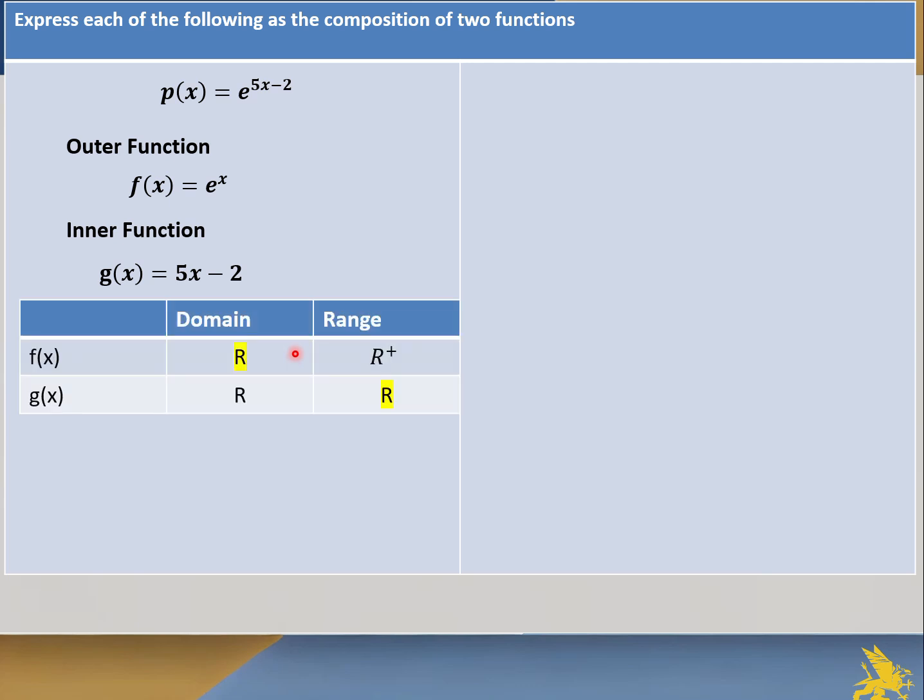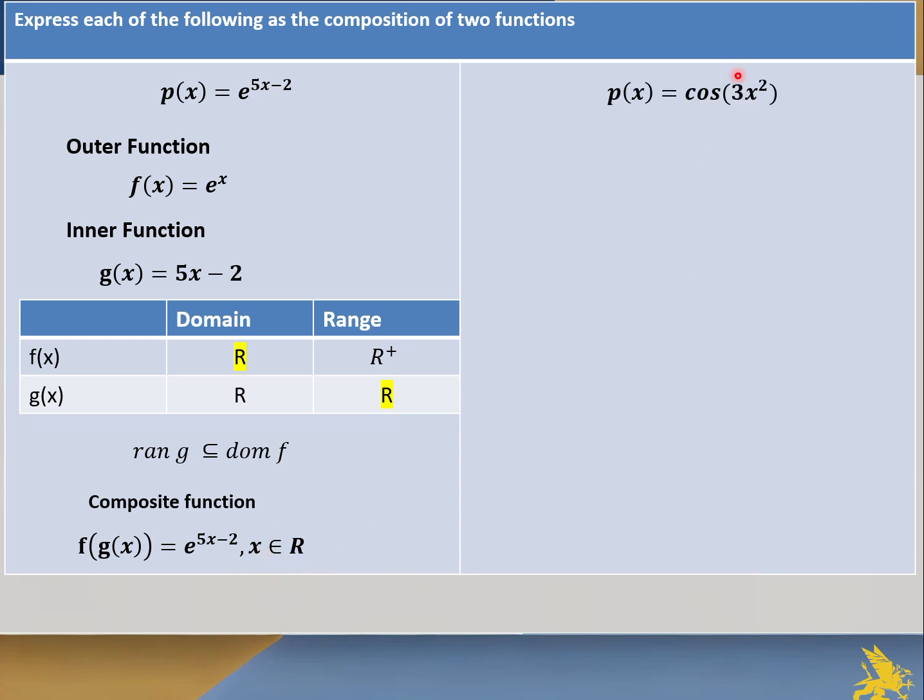We need to make sure we list out the domain and range, because we always start off with the inner function, and the range of the inner function must be a subset of the domain of the outer function, and it fits, it's fine. Because of this, we can write the composite function for x elements of all real numbers.